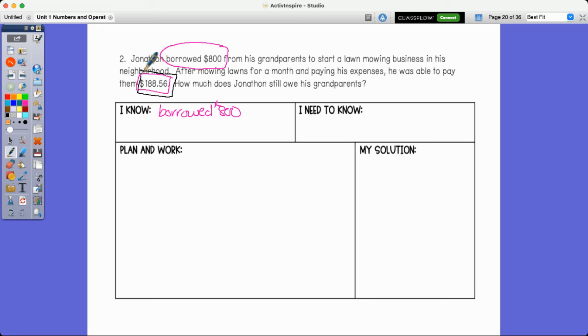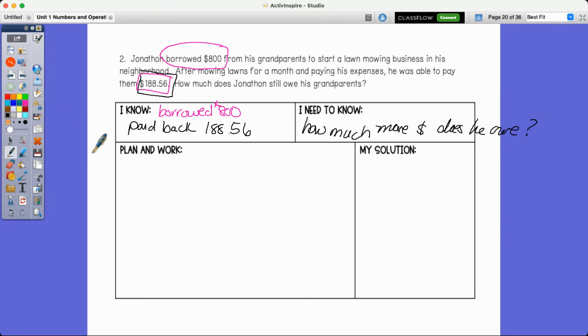Paying them back means I am going to subtract from his original. So he paid back $188.56. I need to know how much more money does he owe? Sorry about that, guys, my handwriting is sloppy. And these days I'll let you use this pad and show you exactly how hard it is to write on it.